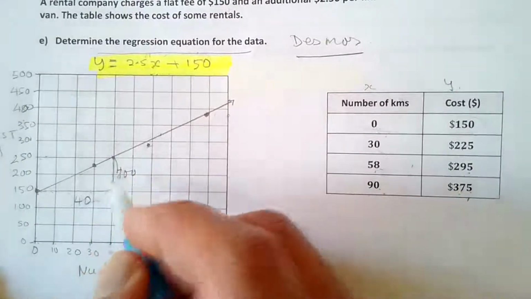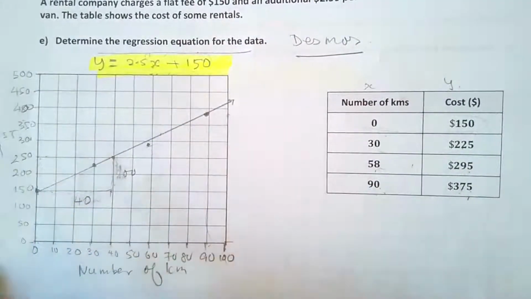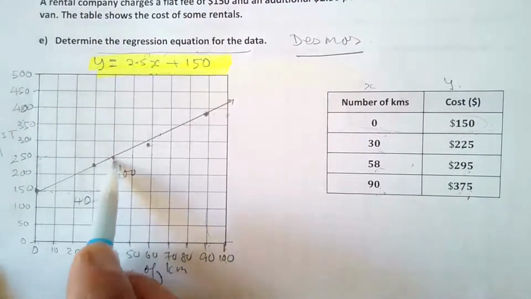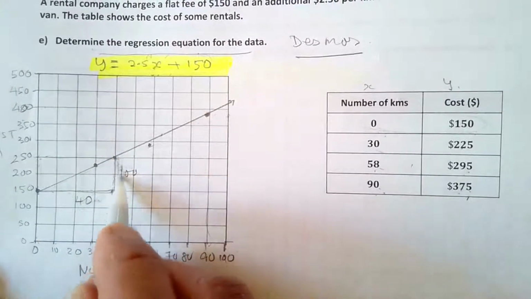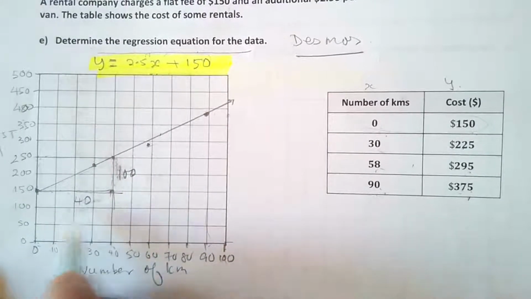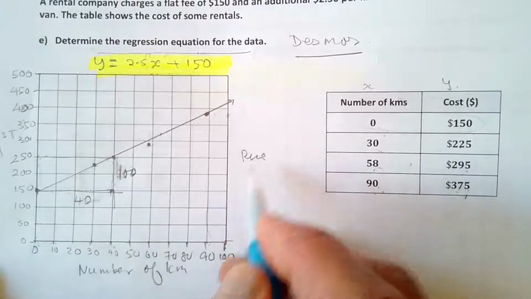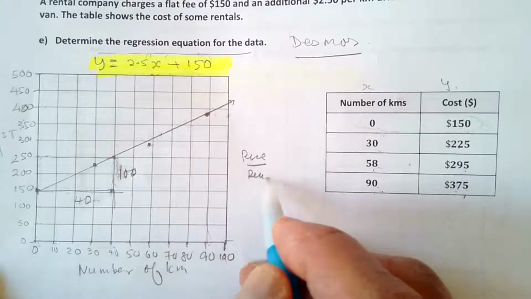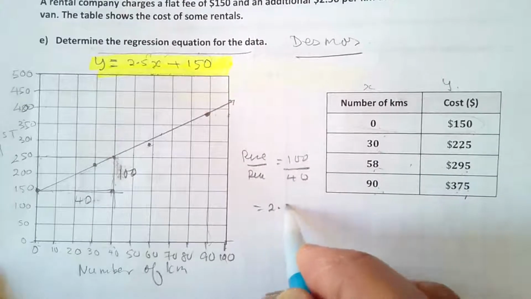Notice that. If I were to just read it off like this, I'd be wrong because I have to look at my scale. My scale goes from 150 to 250, so the rise is 100. And the run is from 0 to 40, so it's 40. So the rise over the run is equal to 100 over 40, which is equal to 2.5.